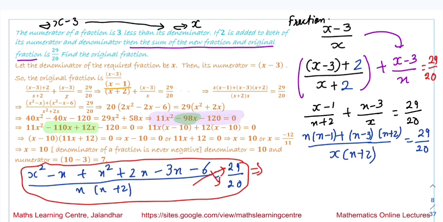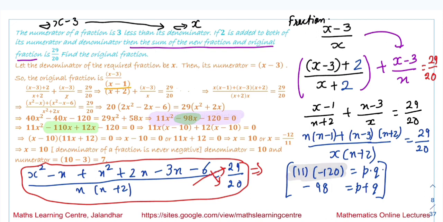So how are we writing this value? We are saying that the product we require is 11 into -120. This should be the value of P into Q, and the sum of P and Q should be -98. We require such P and Q. One of P or Q must be negative.